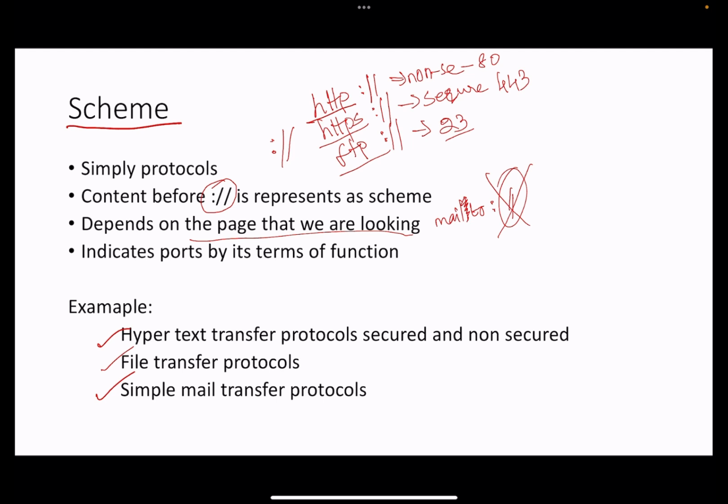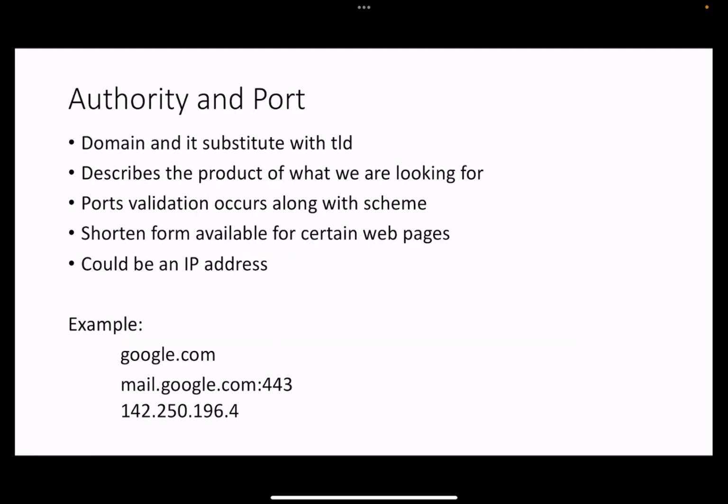And authority and port, this is the next, a descriptive way of the schemes. So domain, we can say the domain is the authority, and it has one substitute, the TLD. For example facebook.com.